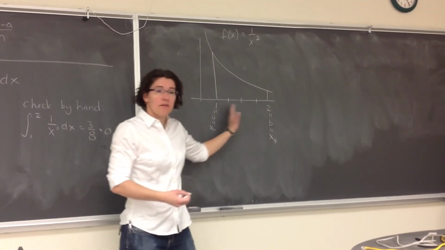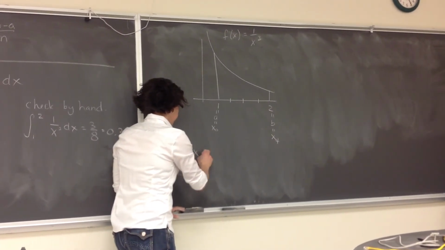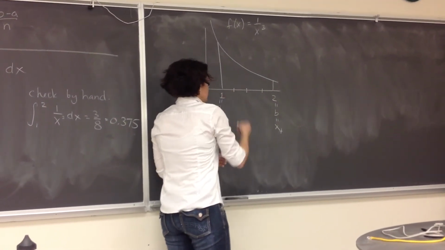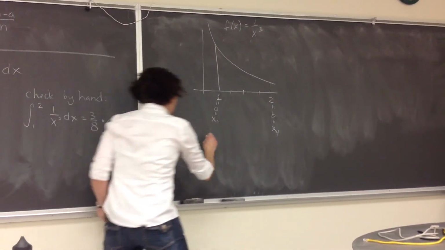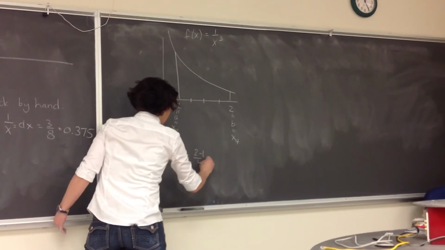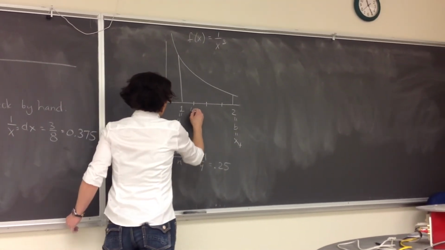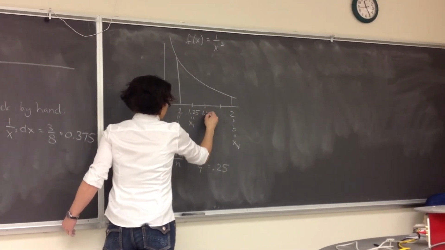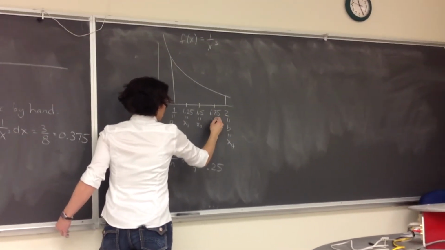Now, in terms of the middle portion here, delta x is taking my two endpoints, finding their difference, and then dividing by 4. So delta x is b minus a over n, which in our case is 2 minus 1 over 4, which is 0.25. So I can label my other values as well: 1.25, which is my x1 value, 1.5, which will be my x2 value, and 1.75, which will be my x3 value.